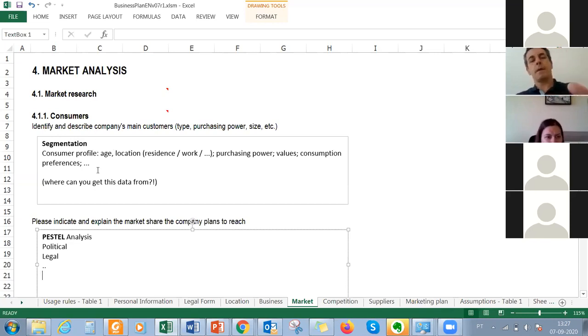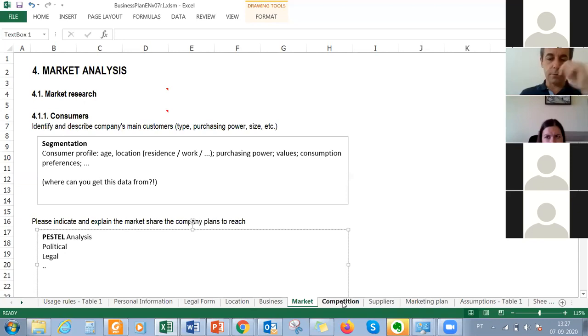So during the development of the business plan, we can ask the students different additional exercises that they can do on the side and then bring to the business plan.